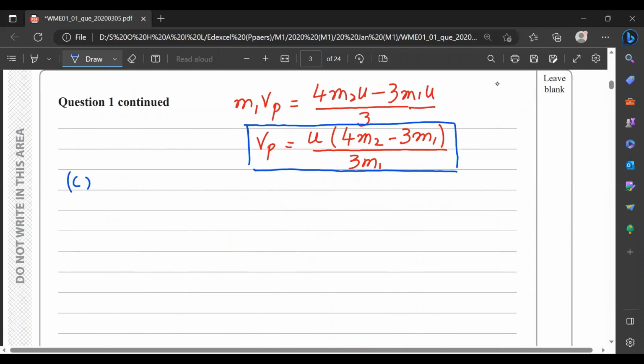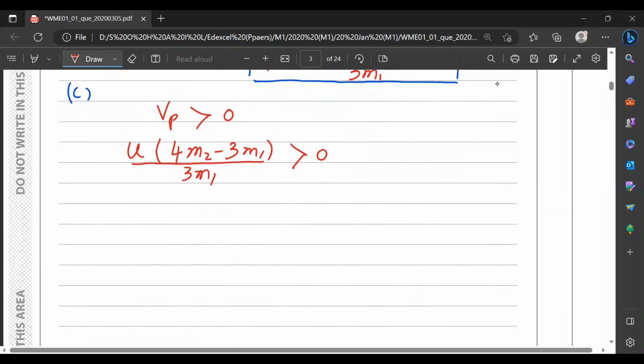As this is a speed and speed is always positive, Vp is greater than 0, so u(4 m2 minus 3 m1) over 3 m1 is greater than 0. u is positive and 3 m1 is positive, so you can cross multiply with 0. This implies 4 m2 minus 3 m1 is greater than 0.